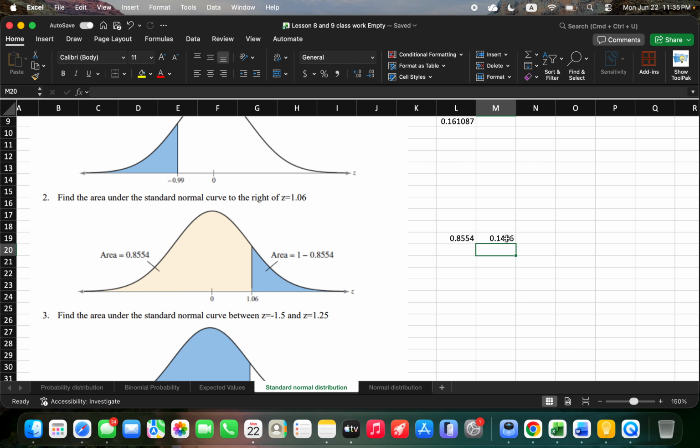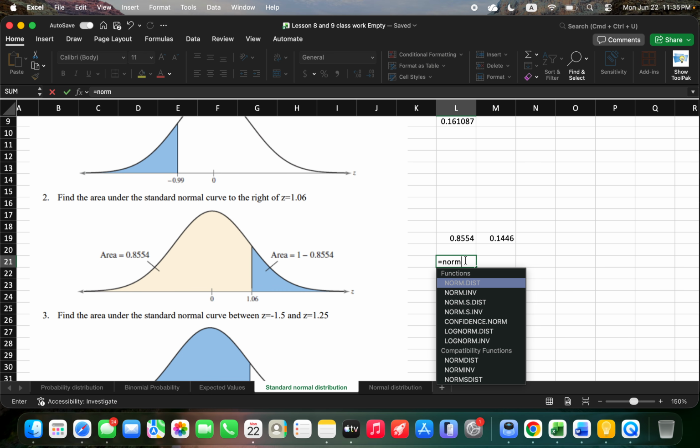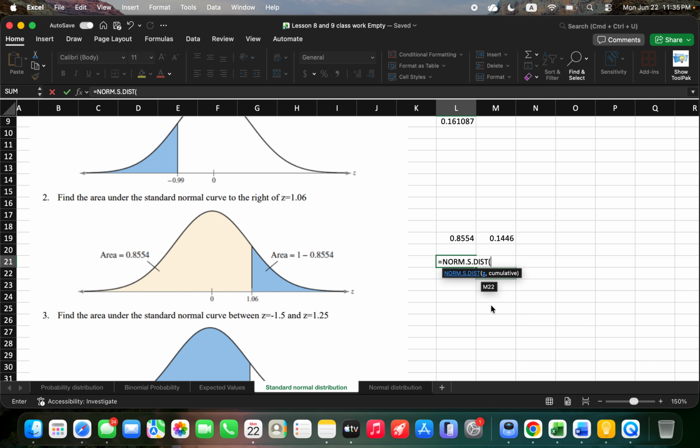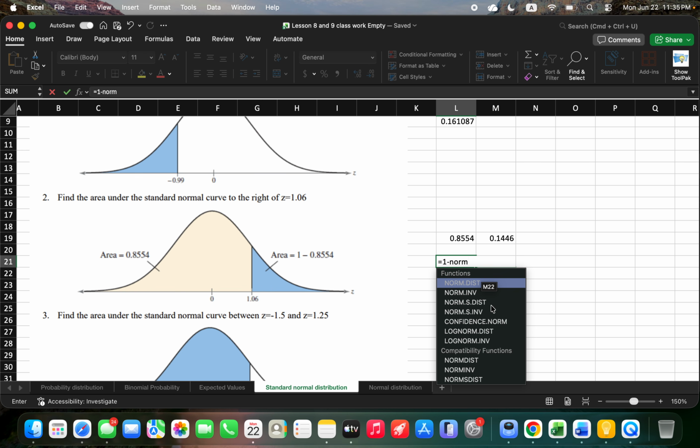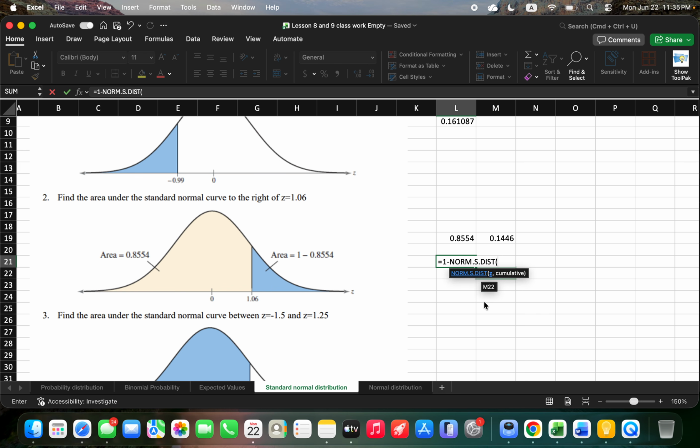Okay, then can you think of a shortcut for how to calculate it? Yes, you do equal to 1 minus norm dot standard distribution, and then put 1.06 comma true.